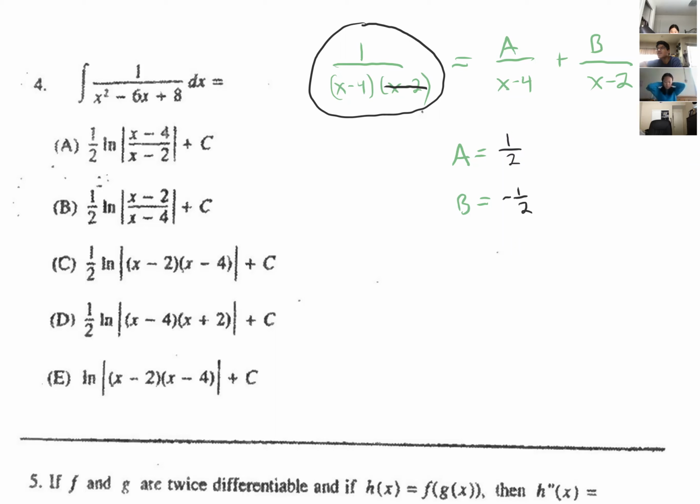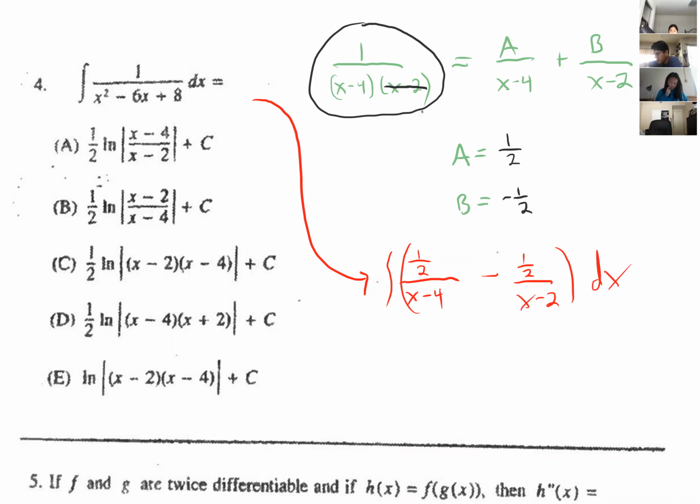So I can rewrite the original integral as the integral of 1/2 over x minus 4 minus 1/2 over x minus 2, and this whole thing is with respect to x.